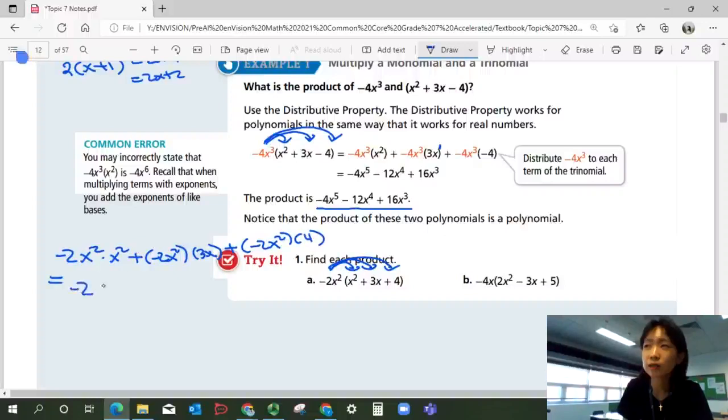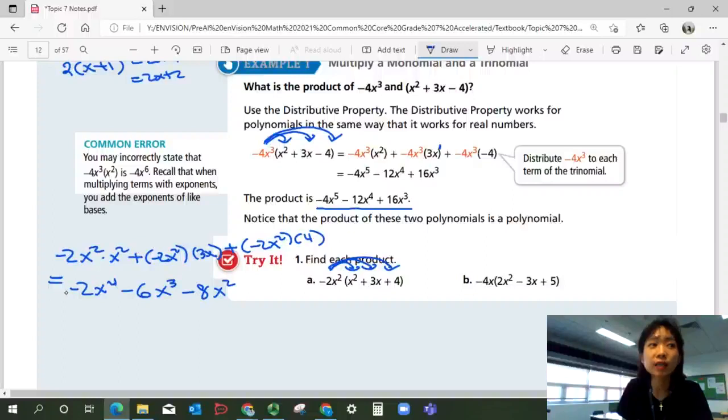And then you have negative 2x to the 4th power, and then you have minus 2 times 3 is 6, and then x squared times x is x to the power of 3, and then minus 2 times 4 is 8 times x squared.